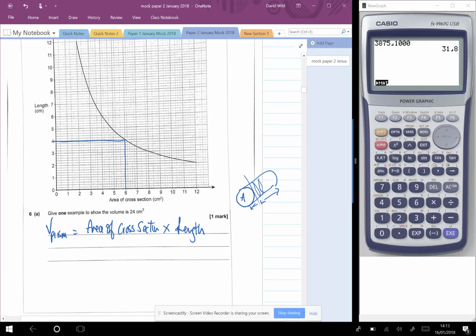Obviously, we do that with a ruler. And 6 times 4 is indeed 24. So we've shown that on the graph. Oh, sorry, 6 times 4, I beg your pardon, which is 24. And the units are centimeters cubed.